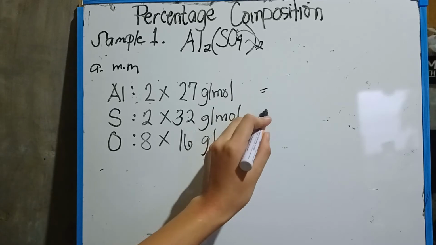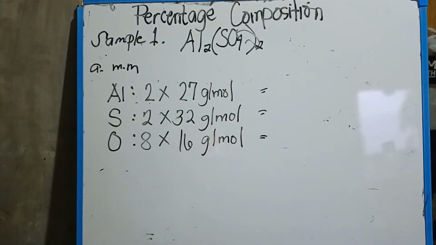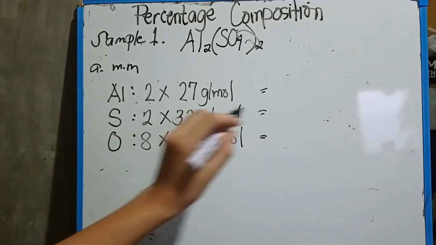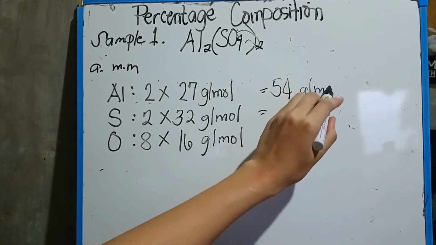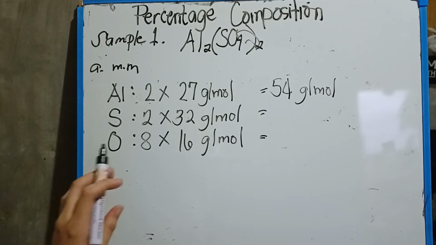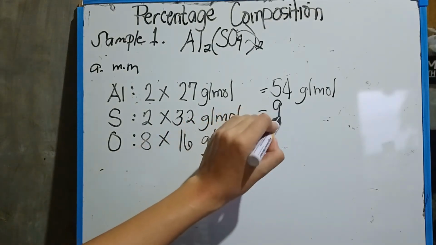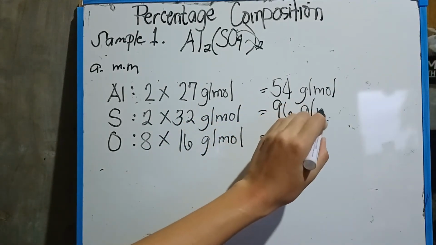So, after we have gotten the atomic mass of each element, what we do is multiply. In our last topic, we already discussed the molar mass. So, 2 times 27 is 54 grams per mole. For our sulfur, 32 times 2 is 96.